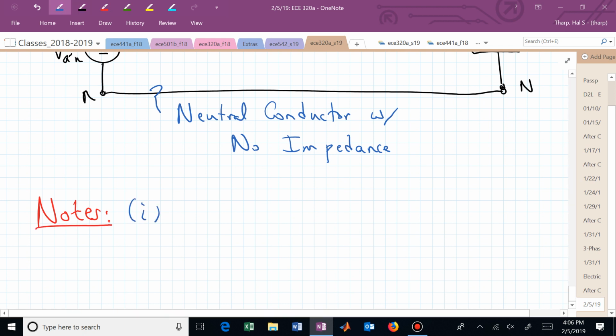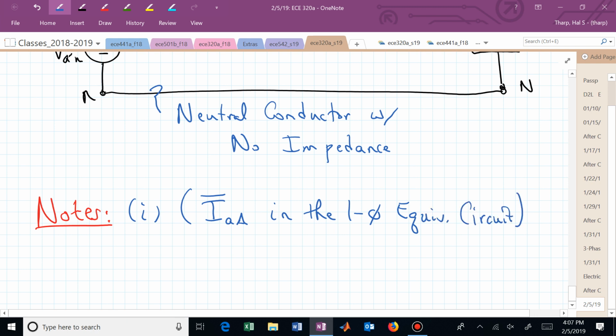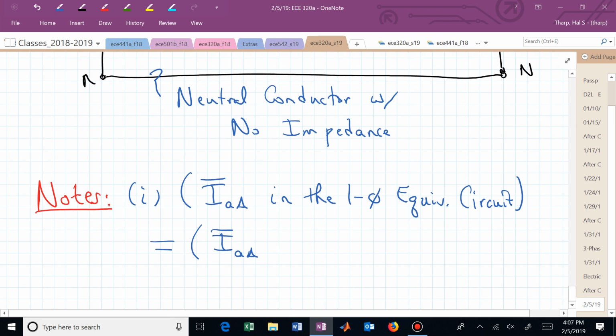The first note says that this current, I sub AA, in the single-phase equivalent that I've just labeled is exactly the same as the I sub AA, or the line current, in the balanced three-phase circuit.